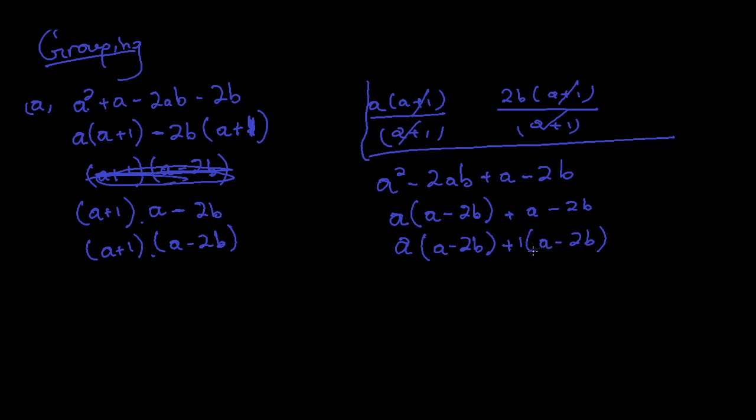So this simply means now we have a common bracket, which is (a - 2b). So I'm going to write it down here, (a - 2b) into (a + 1), which is the same as here. Remember guys, I took 2ab as a common factor; then if I divide it the same way as I divided here, it's going to bring me here.